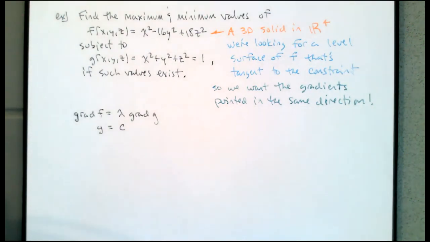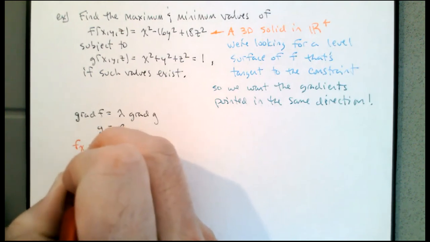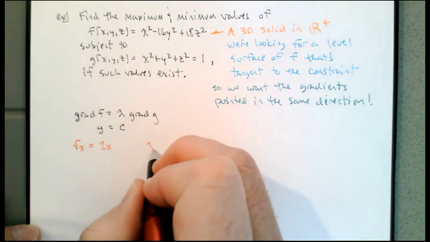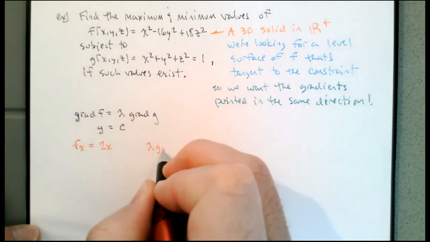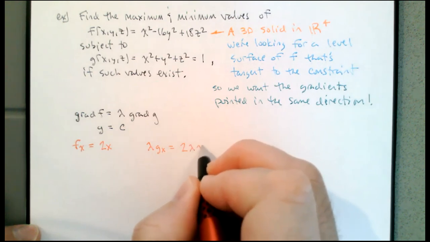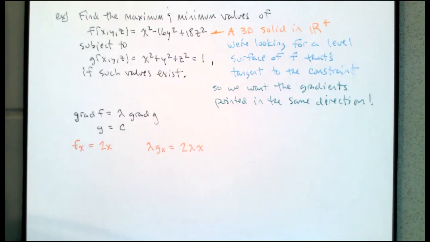We need derivatives with respect to x. So I need an fx. Fx is 2x, and lambda gx will be 2 lambda x. We need to do fy.